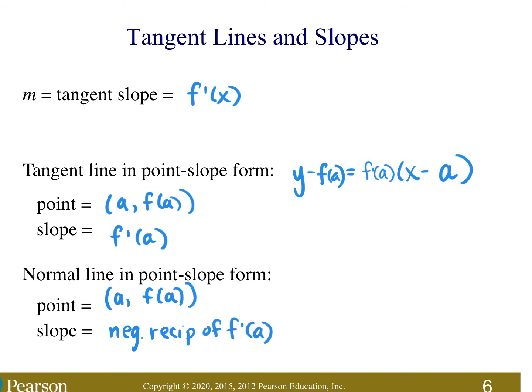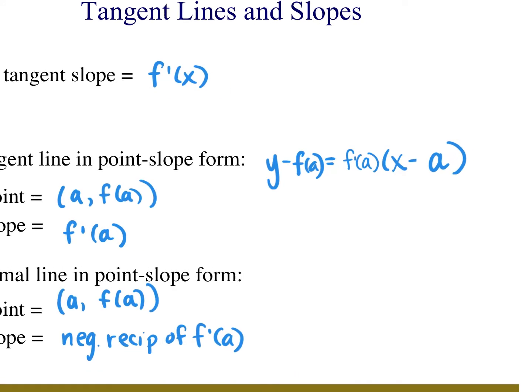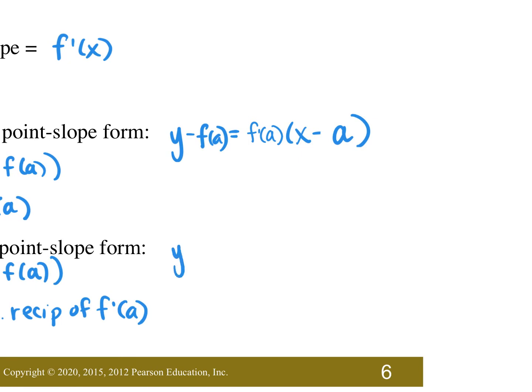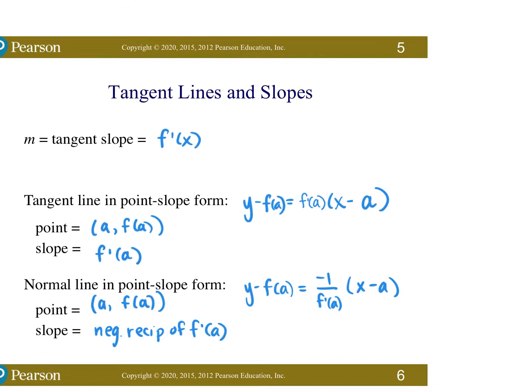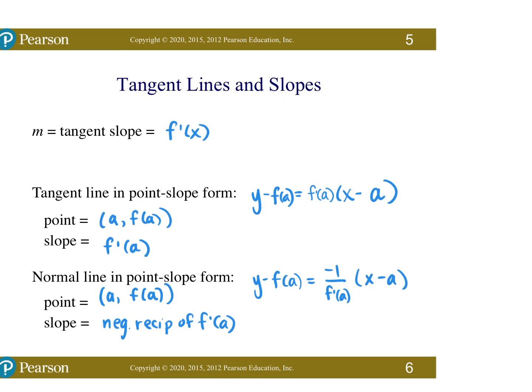So whatever f prime was, you find the negative reciprocal of that to figure out your point slope equation. So we'll have y minus f of a, which stays the same, but we will have negative 1 over f prime, so that's the opposite reciprocal, and then x minus a. And that is called the normal line. So that's how we define those two things.